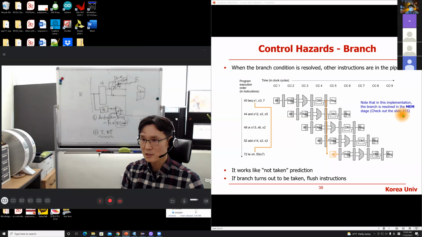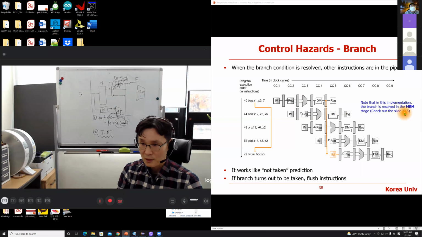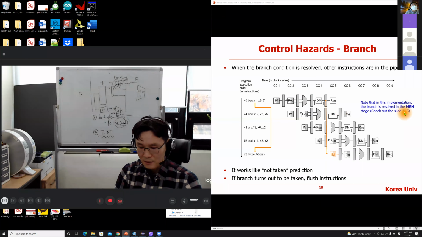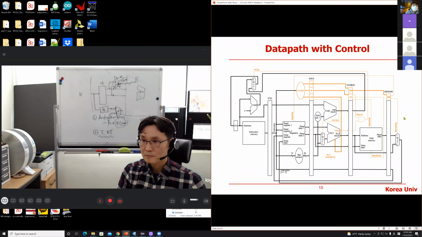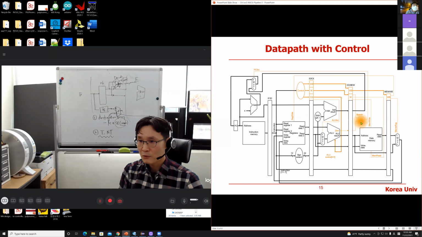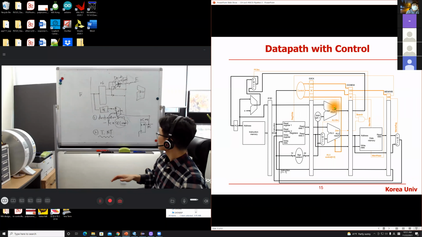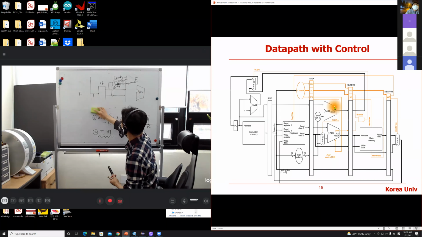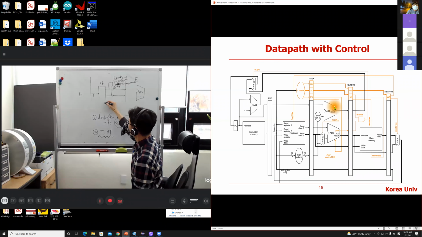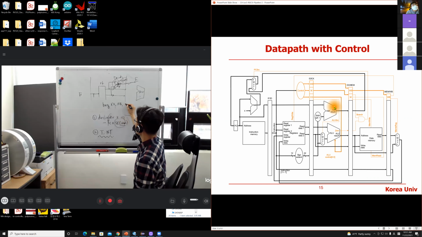If you look at this slide, pipeline slide number 15, check out this control signal. Comparison: BEQ X3, X4, this label.